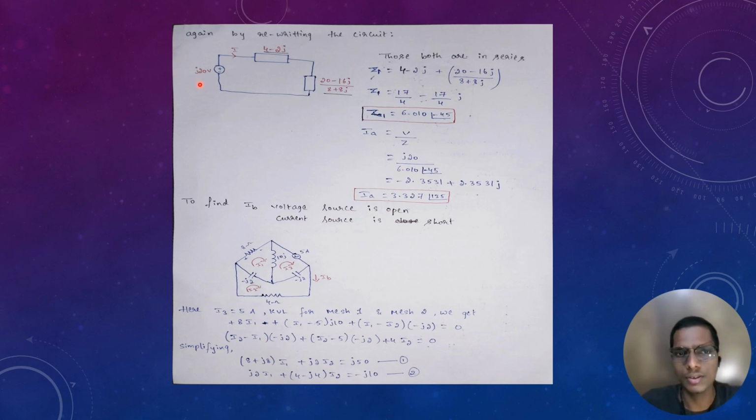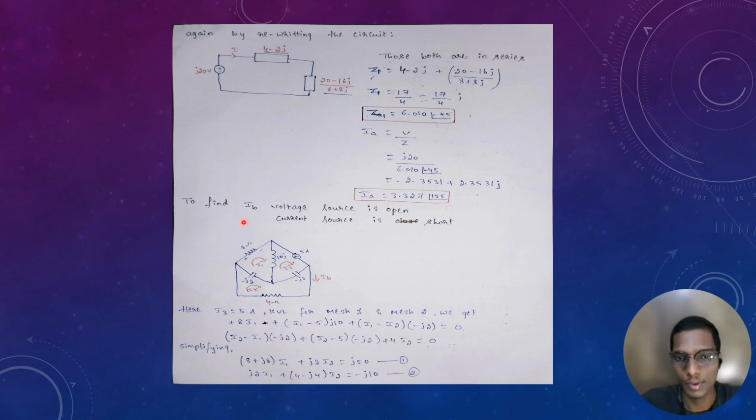V is j20, and Z we have calculated as 6.01 angle minus 45. After simplifying, we get minus 2.35 plus 2.35j. Again after simplifying, we get the IA value as 3.327 angle 135 degree amperes.